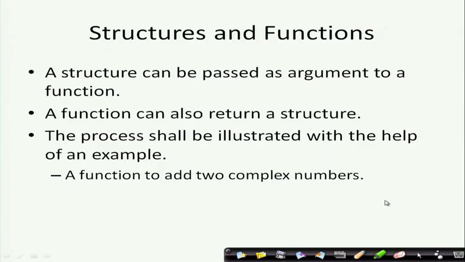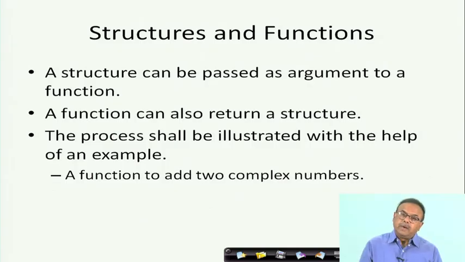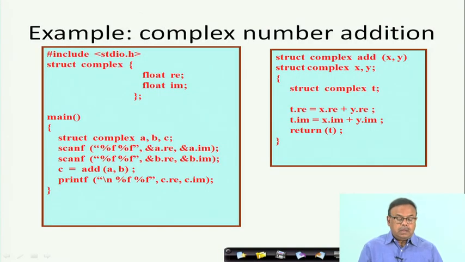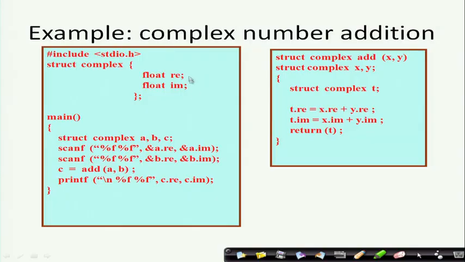Now, structures and functions. Structures can be passed as arguments to a function, and a function can also return a structure. We have seen how we can do that using two complex numbers. So, here again we look at that example where we have a complex structure with two fields.